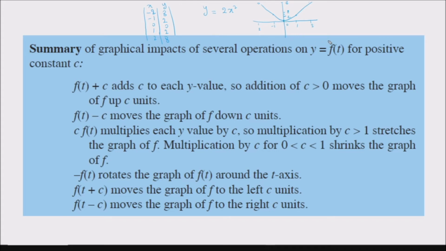Okay, so now it says add c to each y value. So my y value increases a little, right? In this case I'm going to add the c into this. So what happened in that case? Let me get another color here.